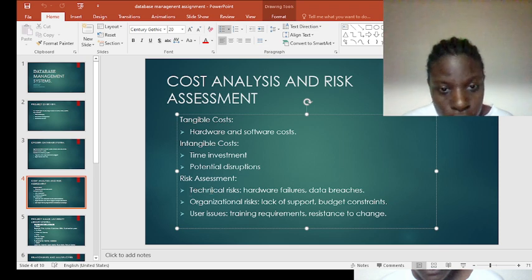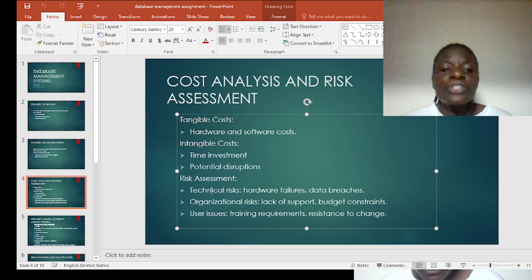Then we have the technical risks like hardware failures and data breaches, organizational risks like lack of support from the university administration, budget constraints, and user issues like training the users to use this new university library system.